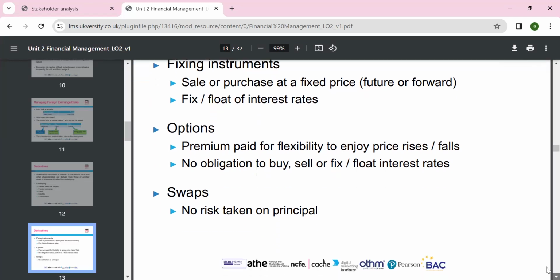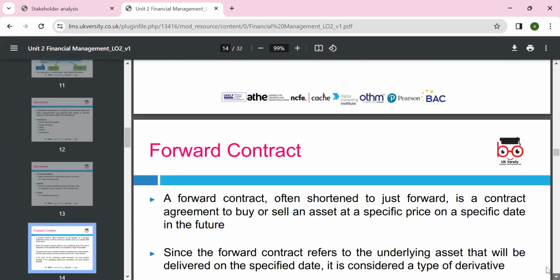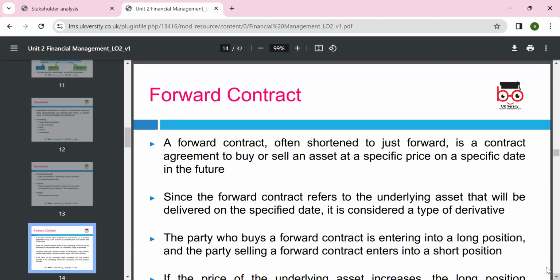Swaps involve no risk taken, and the principal is the key. A forward contract, often shortened to just forward, is an agreement to buy and sell. In a contract there is offer and acceptance, as we call it in technical language. A forward contract refers to an underlying asset which will be delivered on a specific date.